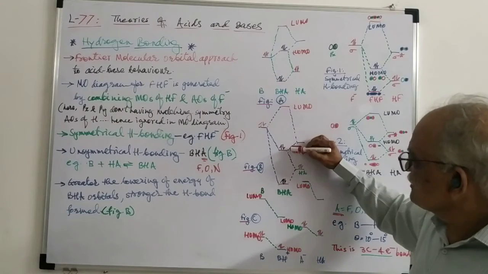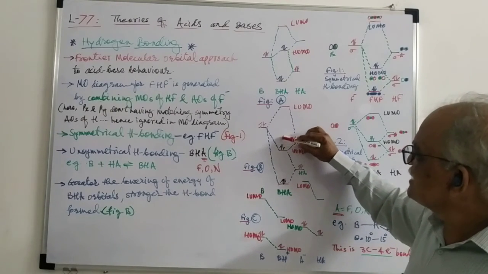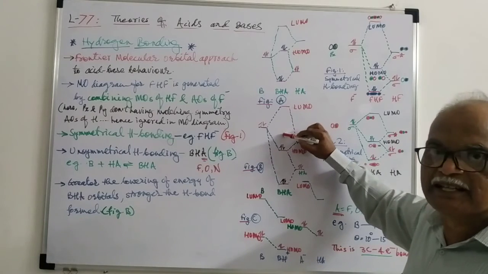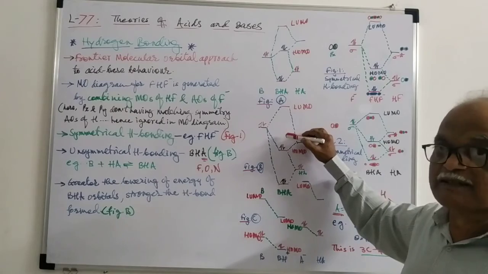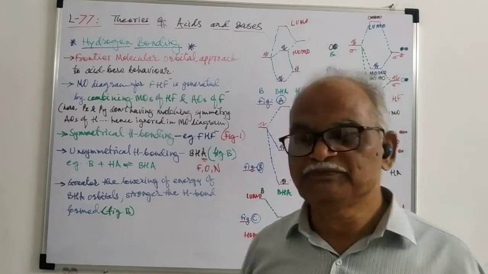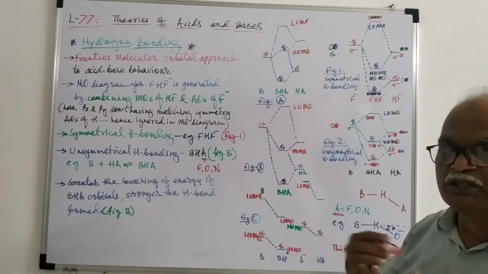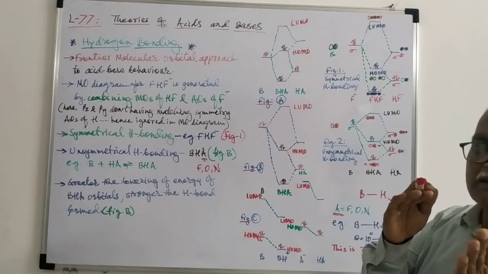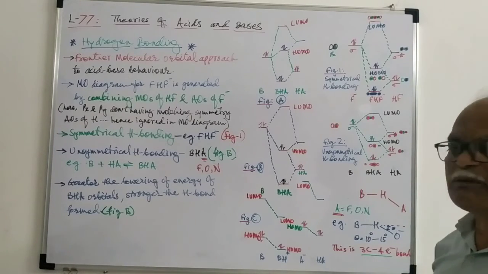Alternatively, if this molecular orbital is at this level, HA is here, or any other species, then you must understand that this hydrogen bond is weaker. So as the energy difference between these two is low, the strength of the hydrogen bond is less, meaning the bond is weaker.